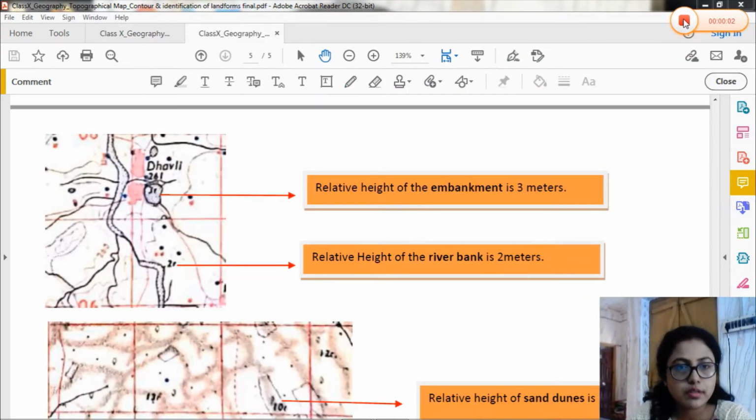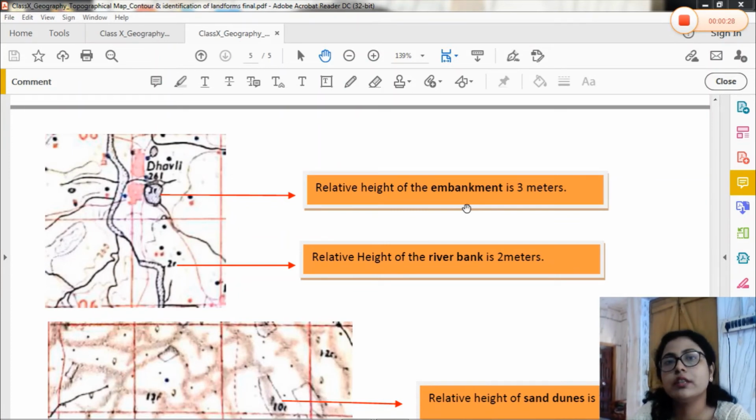Now students, relative height and relative depth, you need to study this. Specifically for relative height, you need to keep in mind that it is not the actual height above the mean sea level. That height is shown by contours, by the spot heights, by the benchmark.